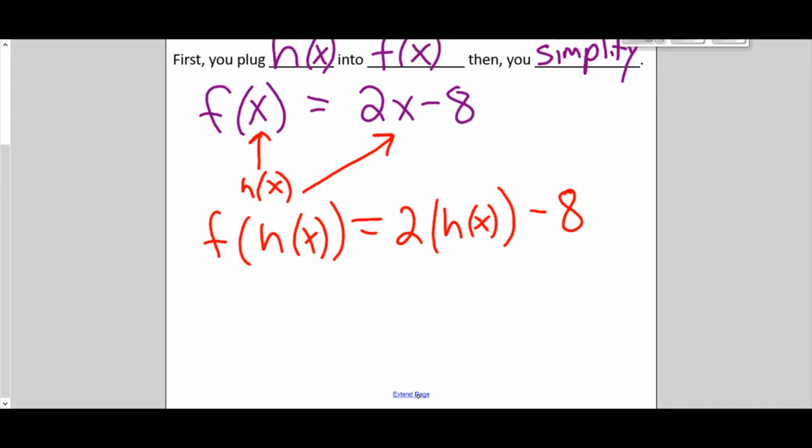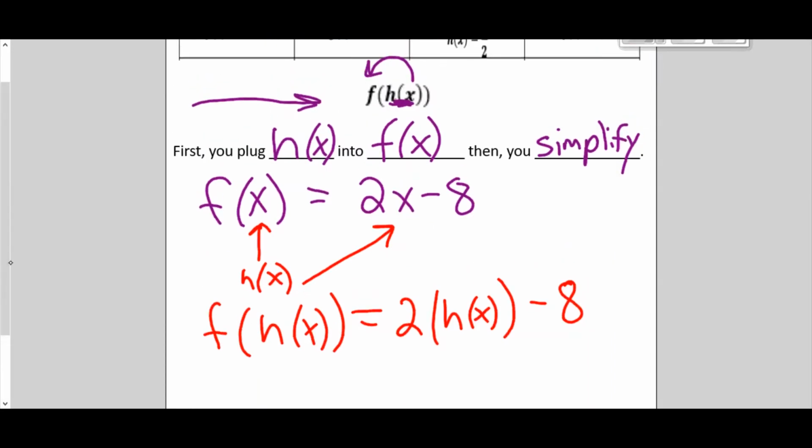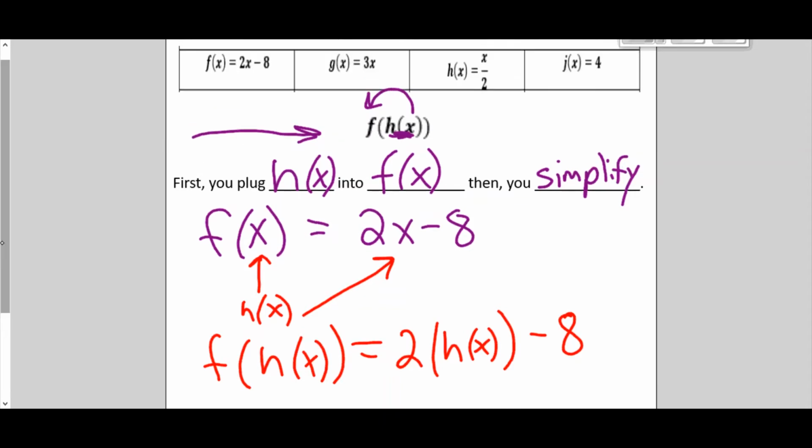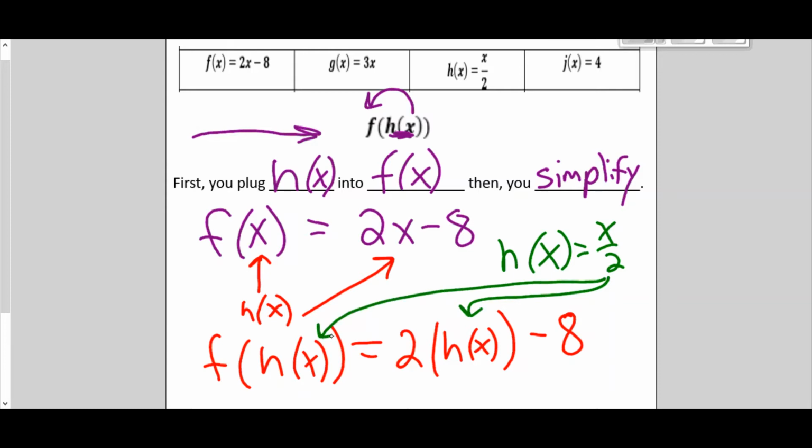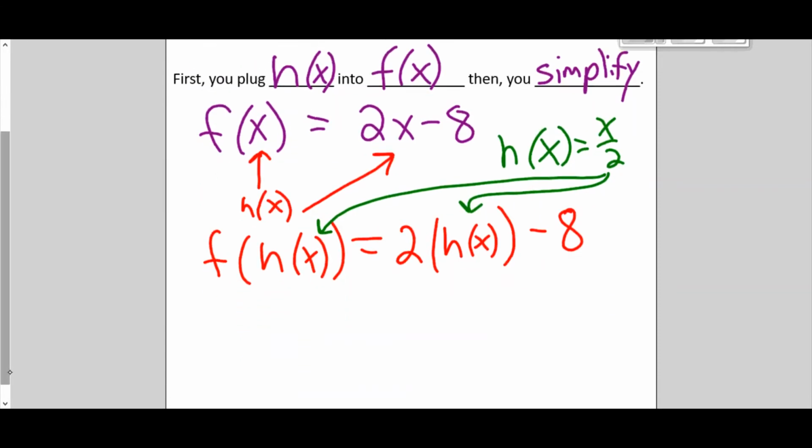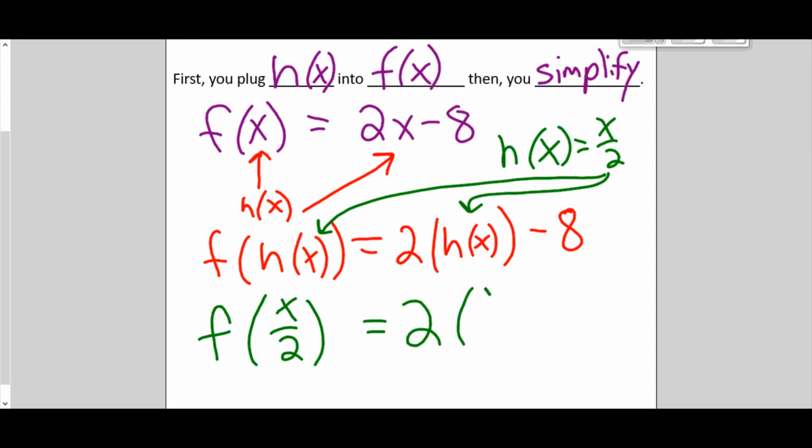Well, we know what h of x is. Let me write that up here: h of x equals x divided by 2. That's what I'm going to plug in for my h of x. So instead of writing h of x, I'm going to say f of h of x, which is f of x divided by 2, equals 2 times x divided by 2 minus 8.